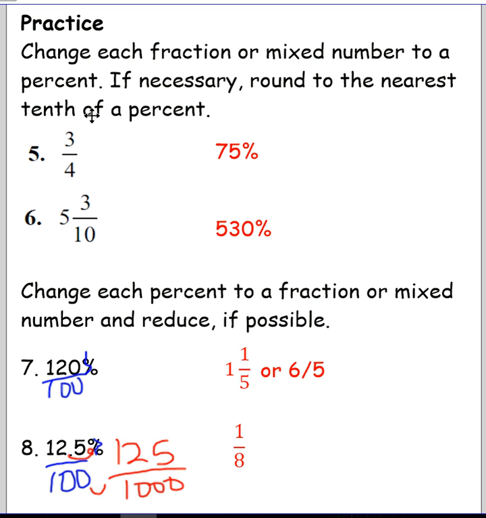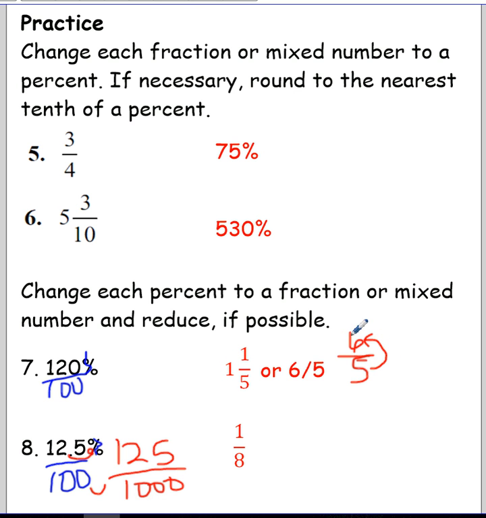Okay, here you go: 75%, 530%, 6/5 if you like to change it to mixed numbers, 1 1/5 or 1/8. If you want to change your improper fraction to a mixed number and you're not sure, let's refresh that for a second. The whole number is found by finding out how many times the bottom number can go in the top number.